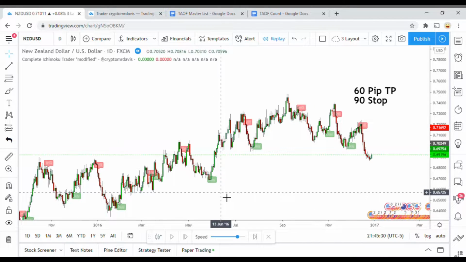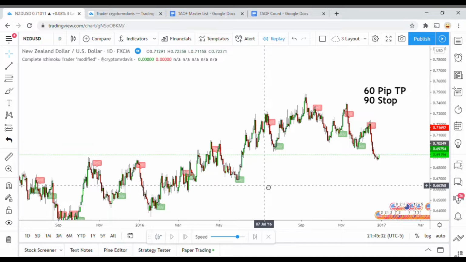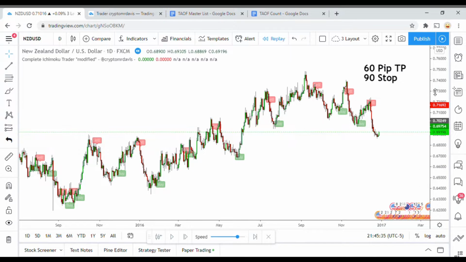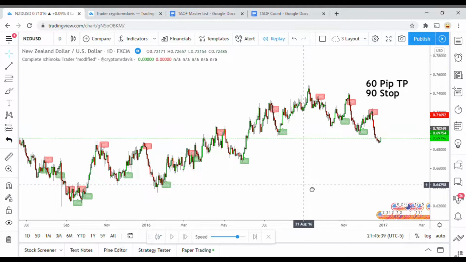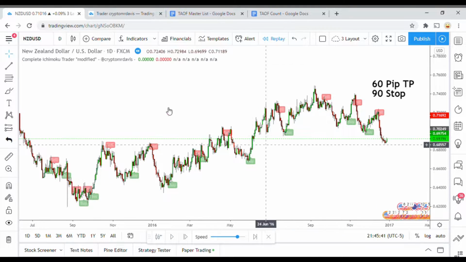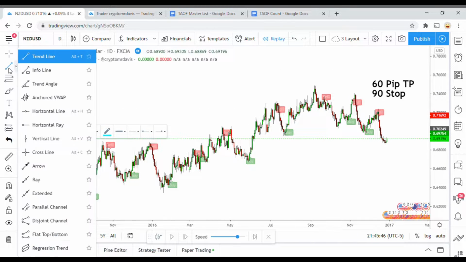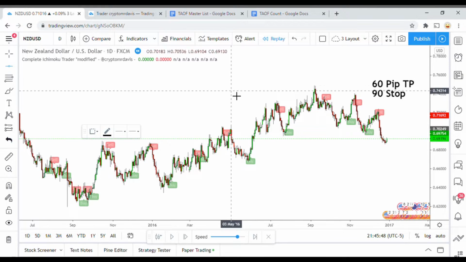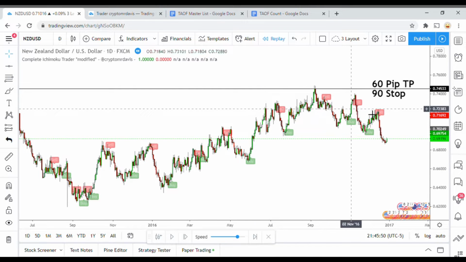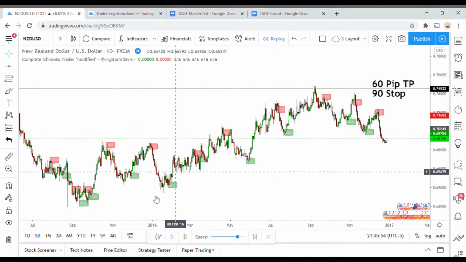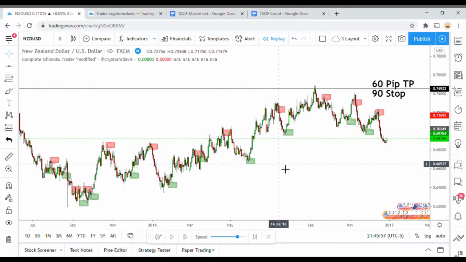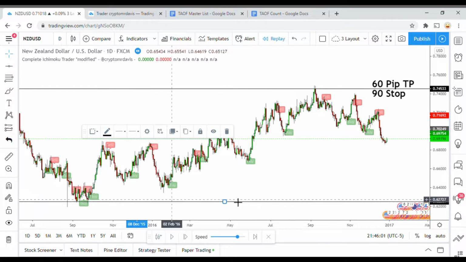So before we get into trading the indicator and testing it, I am going to map out some support and resistance areas. I'm going to do this relatively quickly. Basically, I'm taking the most recent price action and mapping out the highs, the lows, and then the stair-stepping areas in between, the market structure areas.